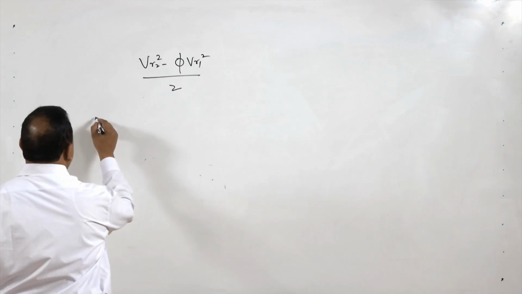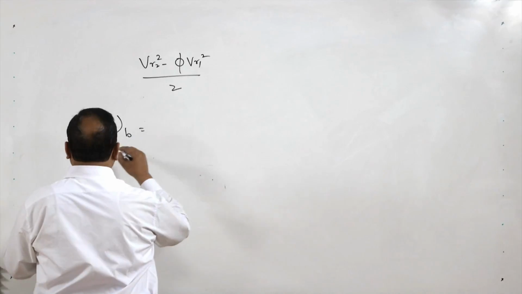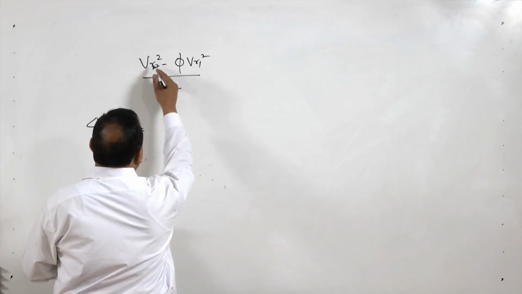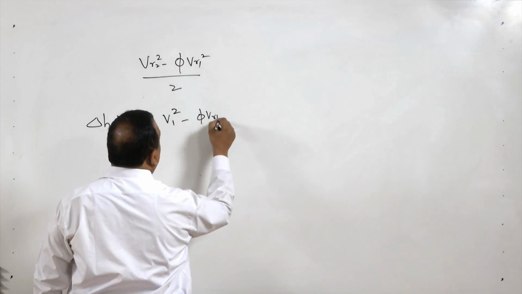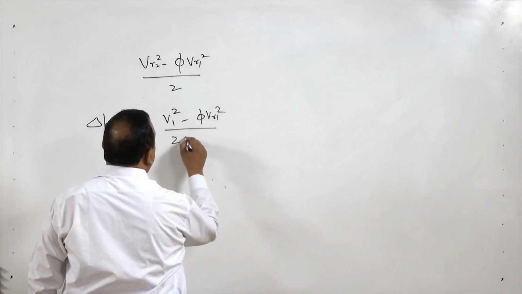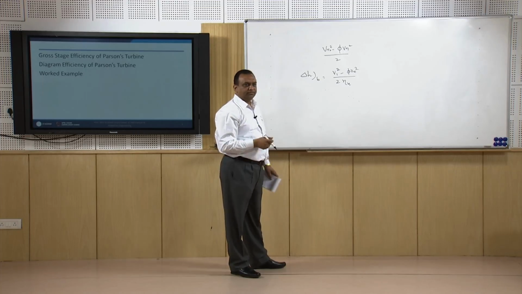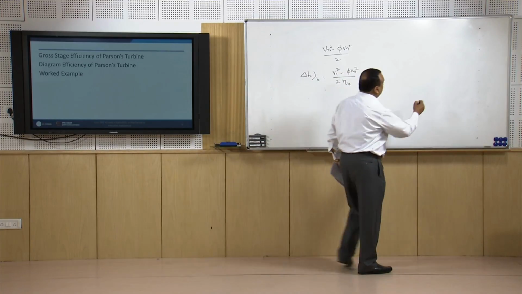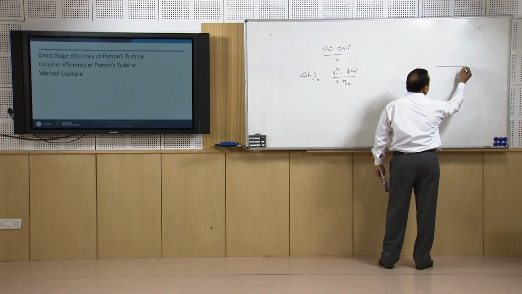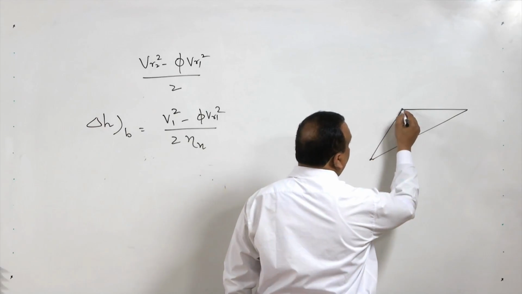So, the change in enthalpy in blades is going to be V1 square minus phi VR1 square by 2 times efficiency of the nozzle or efficiency of the blade, both are same. Now, let us draw the velocity diagram also, because frequently we will have to give the reference of velocities.